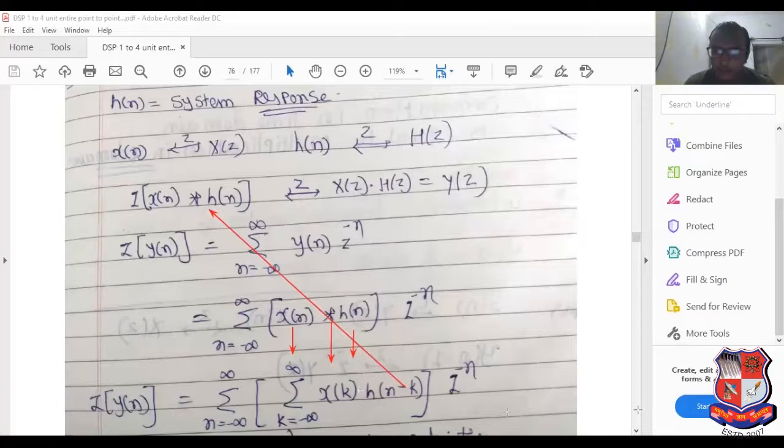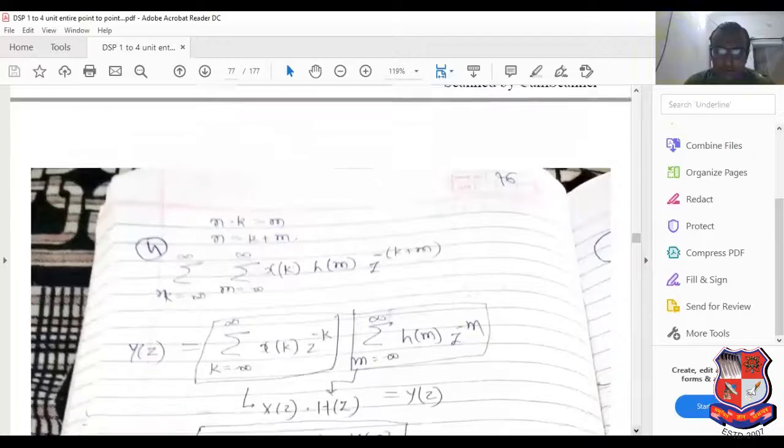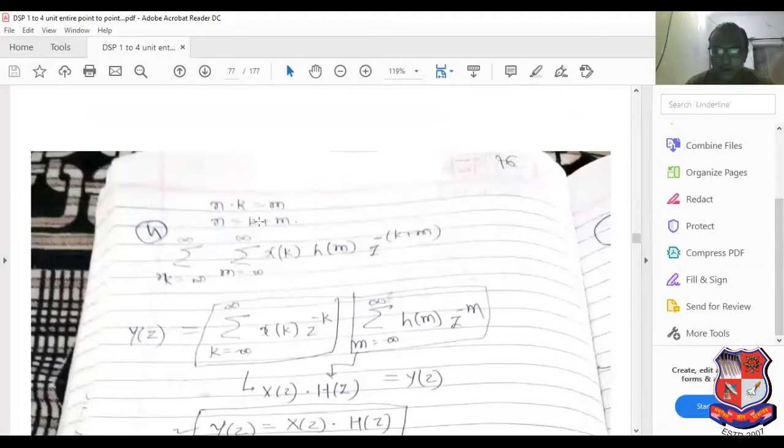Now assume n minus k equal to m, so n equals k plus m. So here we can put k plus m, so z raised to minus k into z raised to minus m.